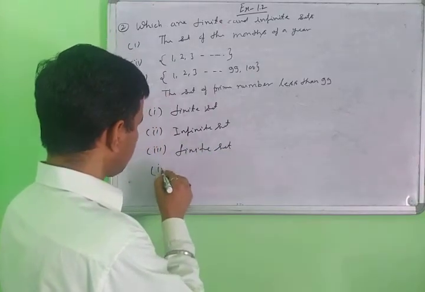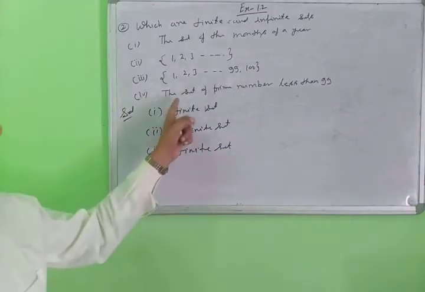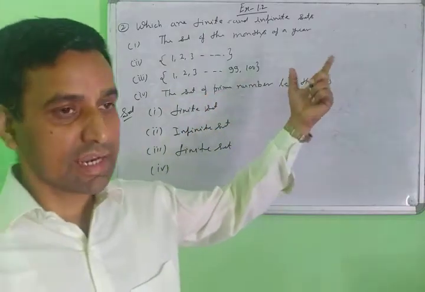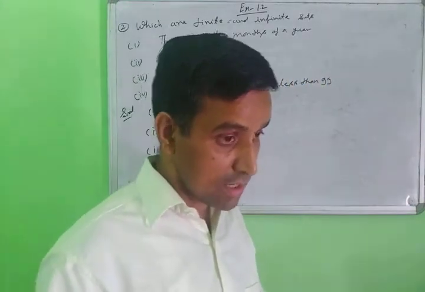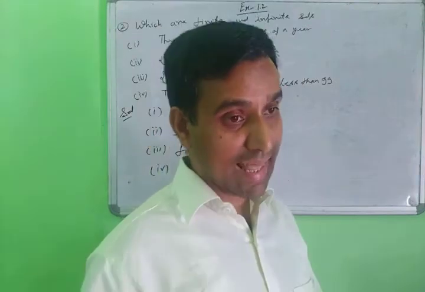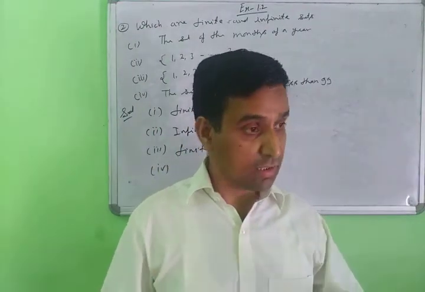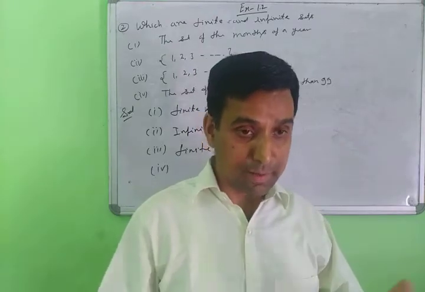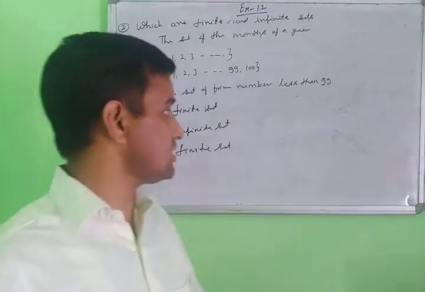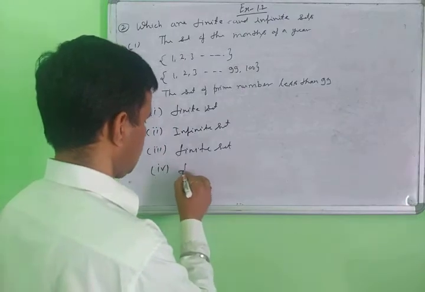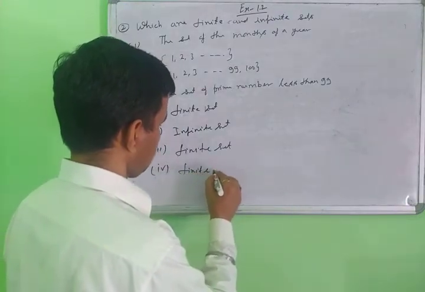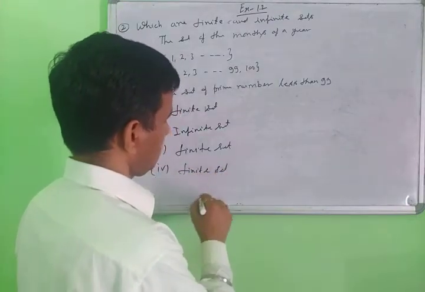And last is 4, the set of prime numbers less than 99. You know, here the last limit is given, less than 99. If it were more than 99, then this would be infinite. But with less than, you can say this is finite.